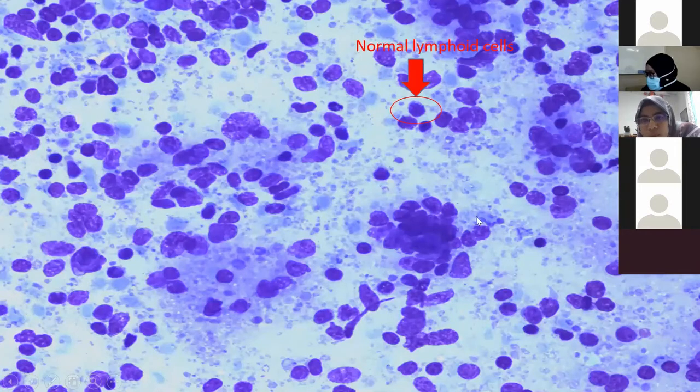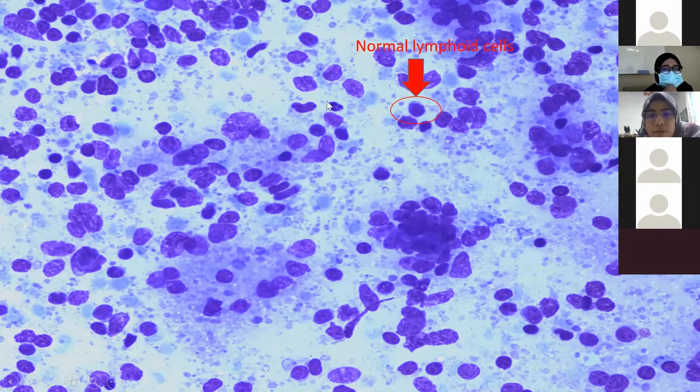Under higher power, in this close-up view, atypical cells are seen, quite large. If you can see, the chromatin is a bit coarse, hardly any nucleoli, and some cells have a very irregular nuclear outline. And here I show you the normal lymphocyte that we can identify.